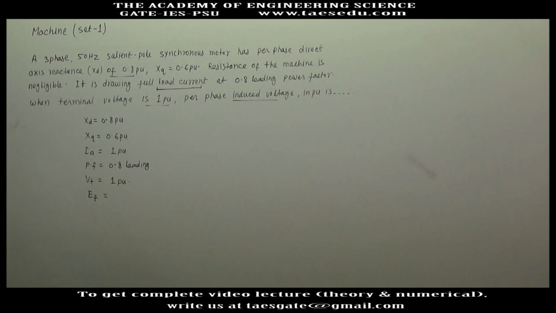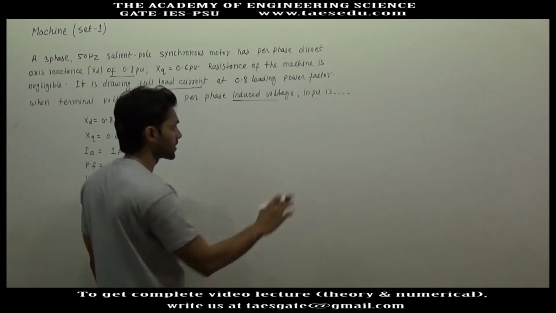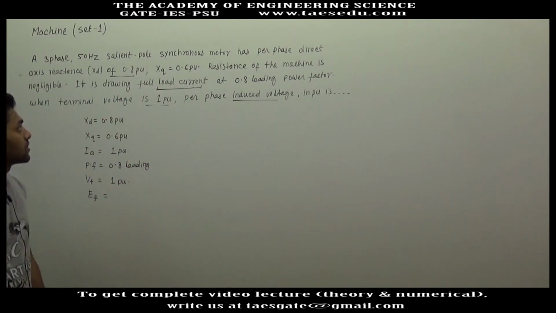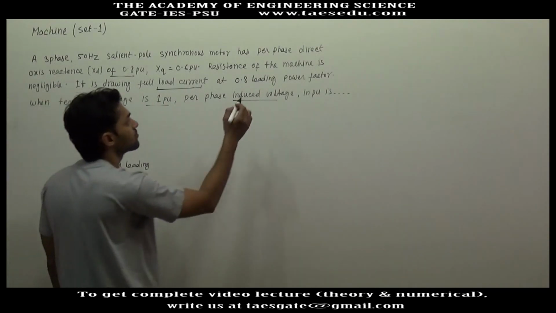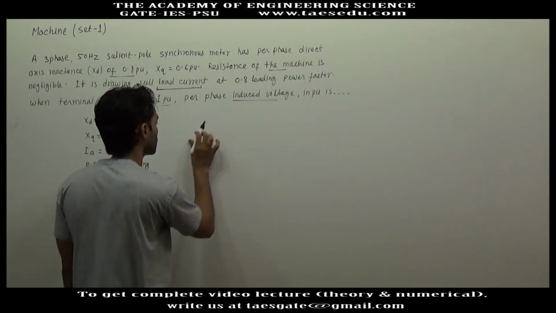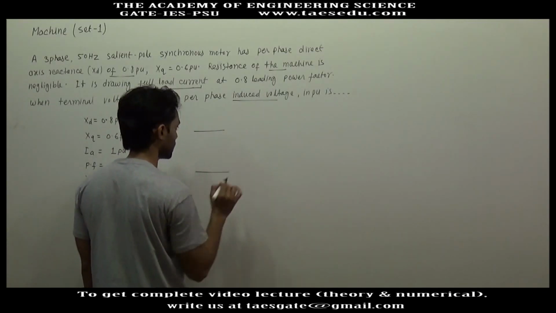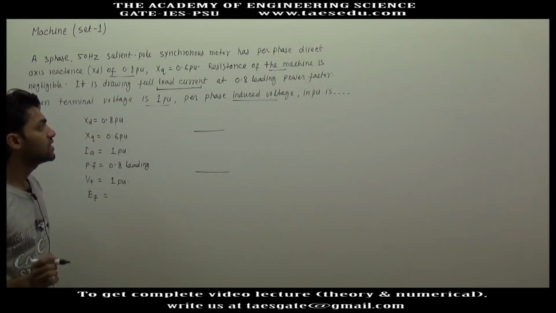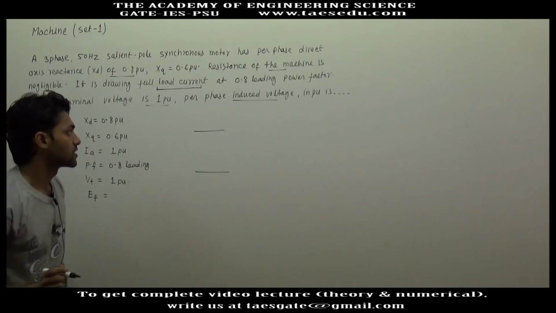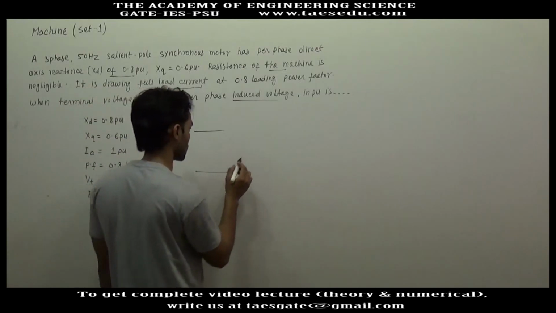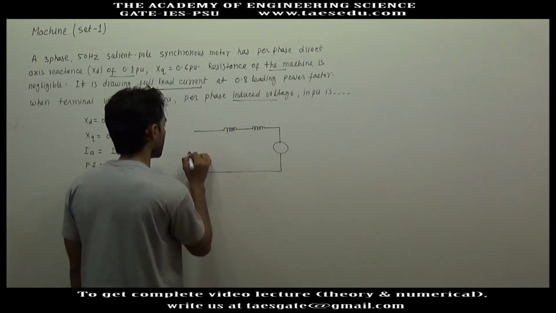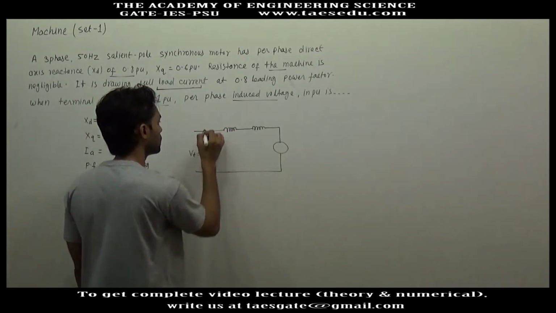So to solve this, let us first draw the circuit diagram of salient pole synchronous motor, and resistance of the machine is negligible. So let's say this is the armature terminal. I am drawing the per phase equivalent circuit diagram of a salient type synchronous motor. Here we have terminal voltage of 1 pu.